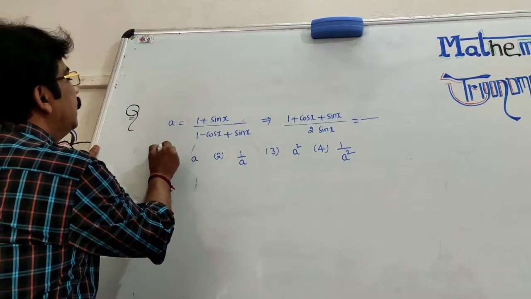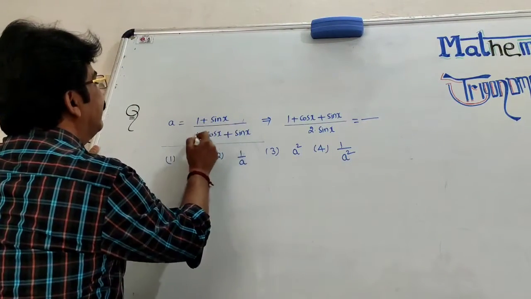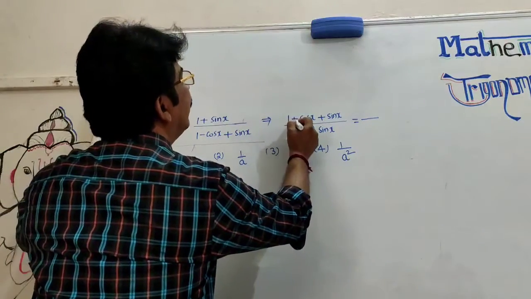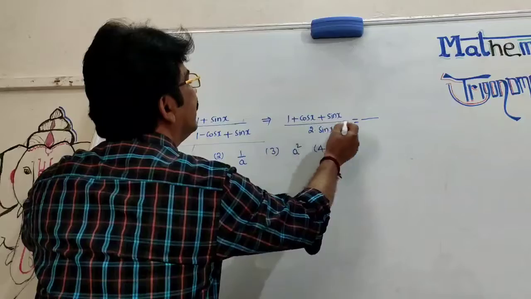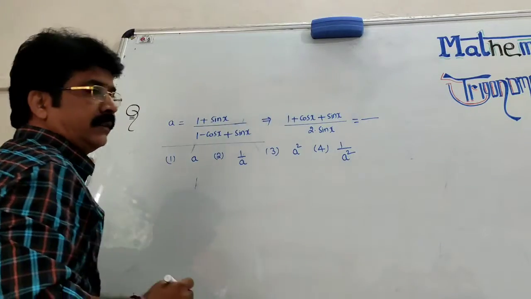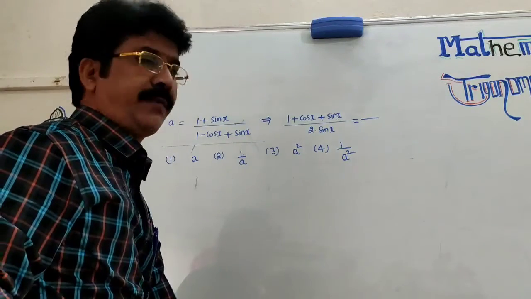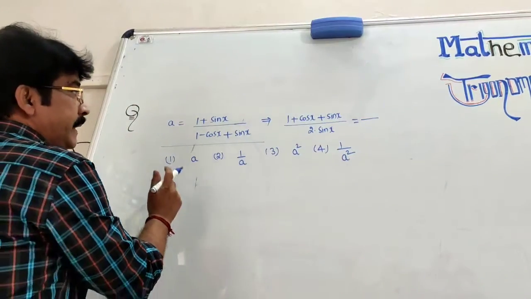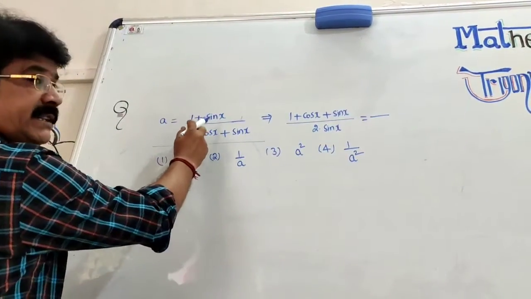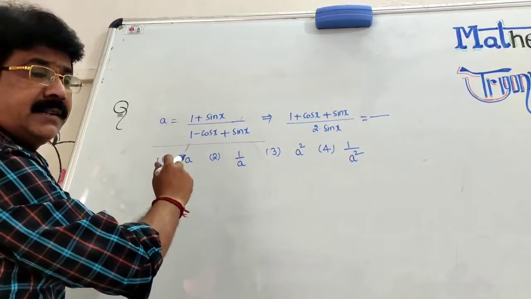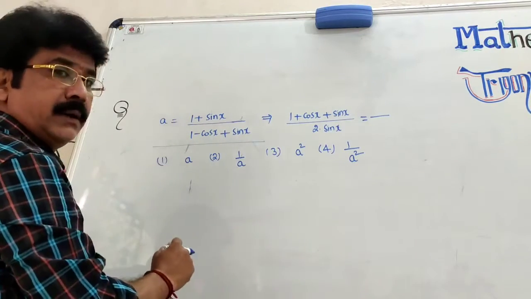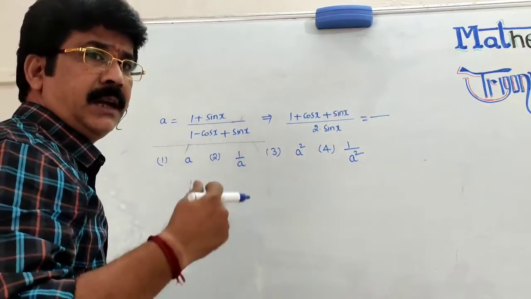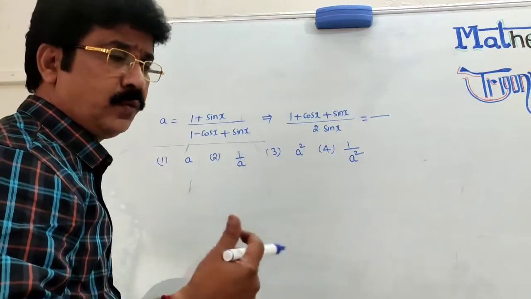If a is equal to 1 plus sin x divided by 1 minus cos x plus sin x, then what is the value of 1 plus cos x plus sin x divided by 2 sin x? Here also, instead of x, we can take any simple value. But if we take x equal to 90 degrees, then a equals 1, and almost all 4 options will be verified for 1.